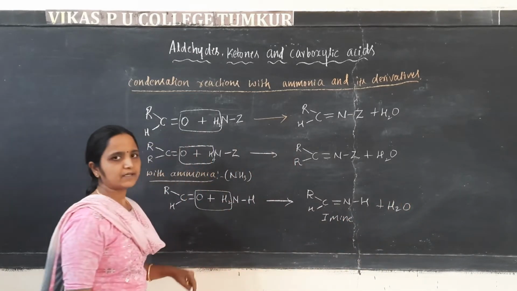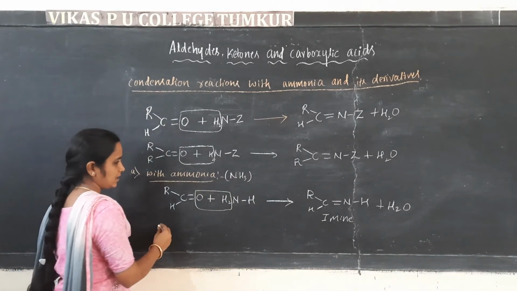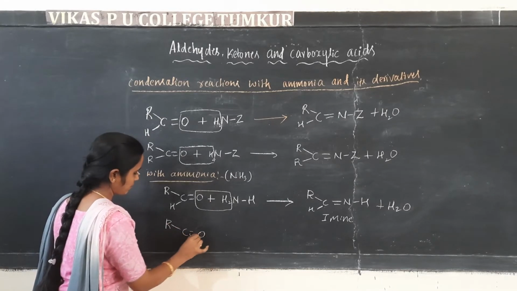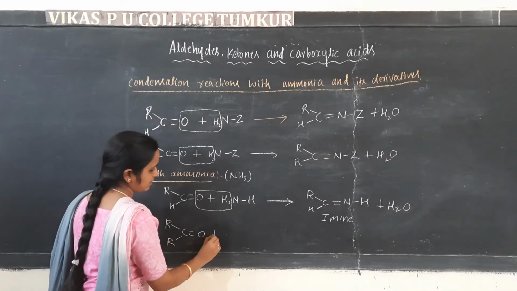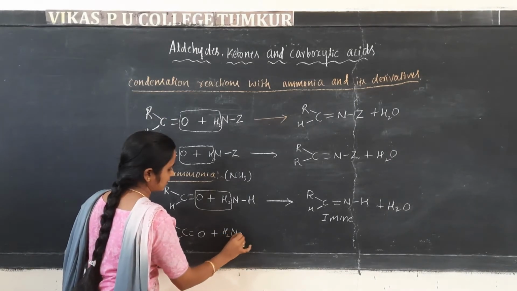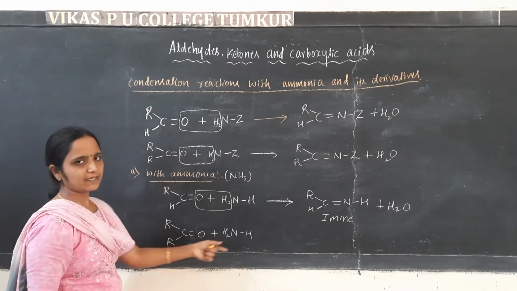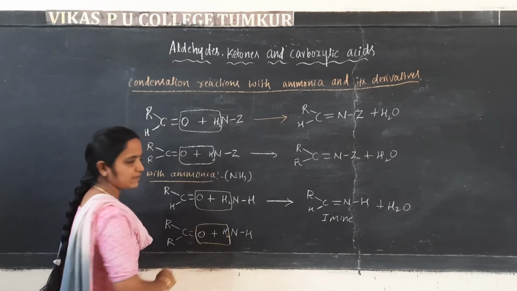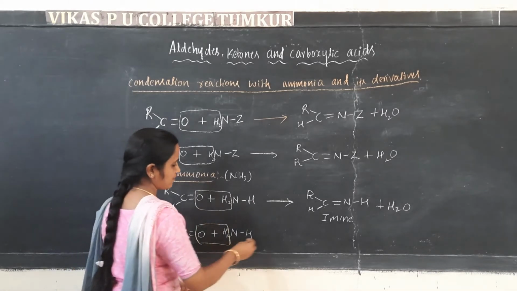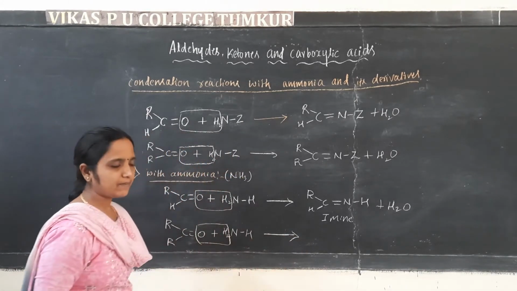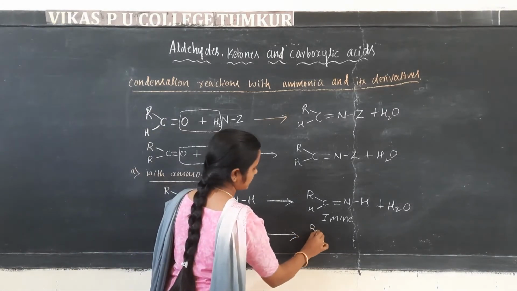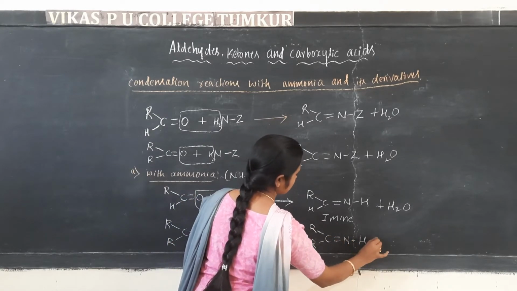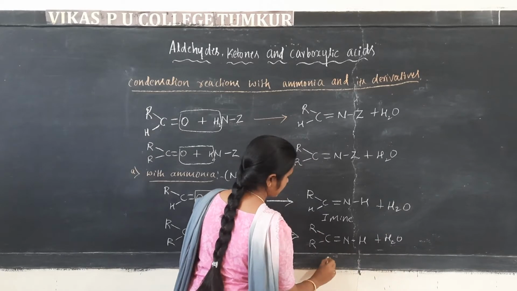Like that only we write for the ketones also. Ketones can be written as R C double bond O R, then NH2 H, with removal of a mole of water. The respective imine is formed: double bond NH, plus H2O.